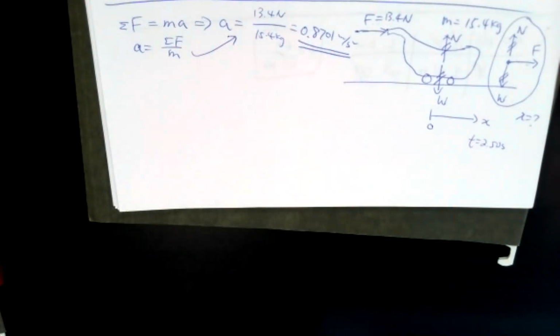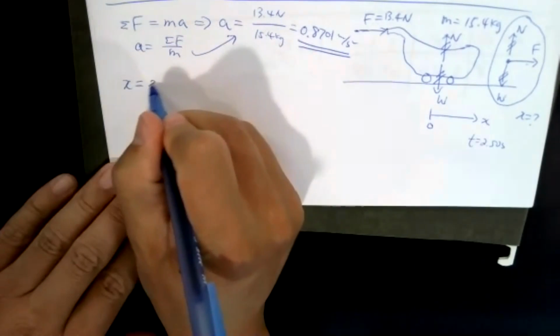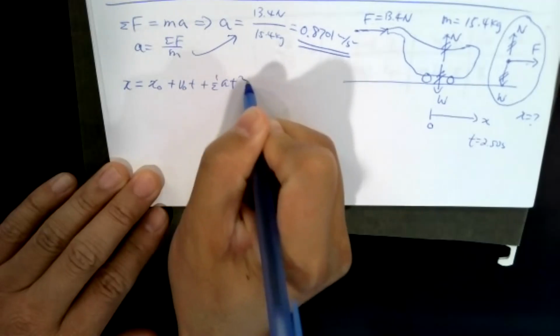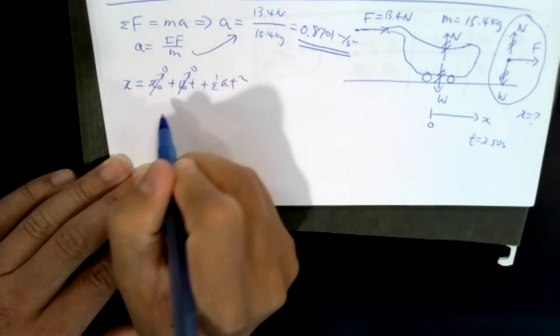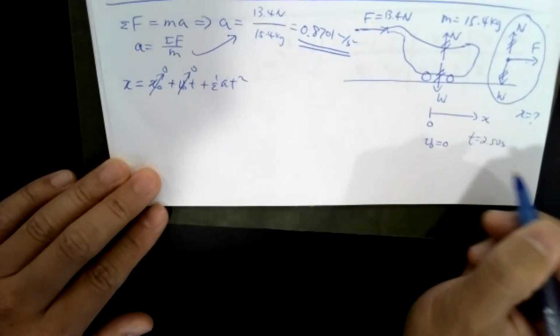Then you'll be looking at your 5 equations of motion, and you're looking for x. You probably figure that you can use this one, the position equation, to figure out your x, right? The initial velocity is 0, or initial speed is 0, because you just push it and it starts to move.